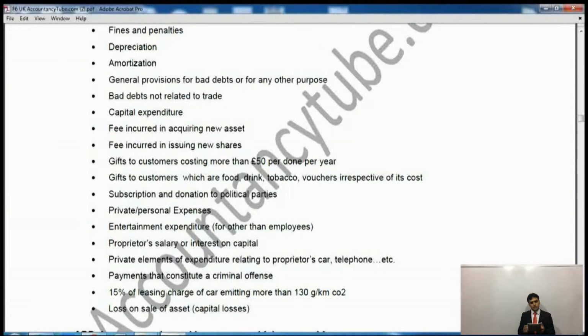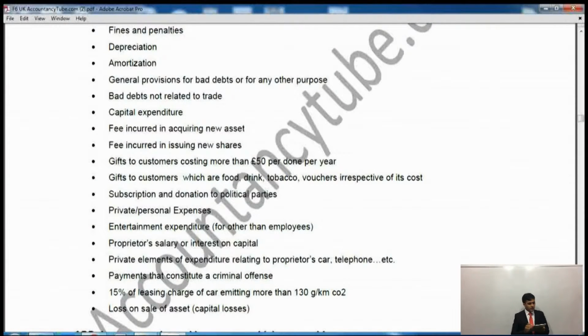Say for example, if there is depreciation, and depreciation is very common in the exam, it will almost always be in the exam. So you will just need to see depreciation, add it back. It is a straight, easy half mark. If it is amortization, add it back, another half mark. Likewise, you can earn easy 2 or 3 marks if there are about 4 to 6 items given in the exam.